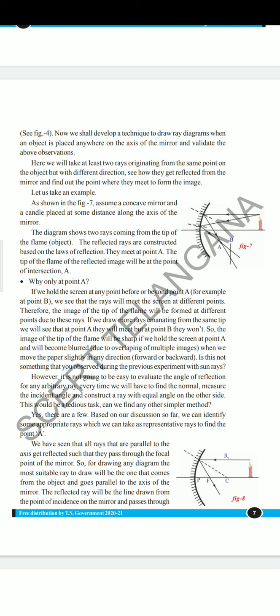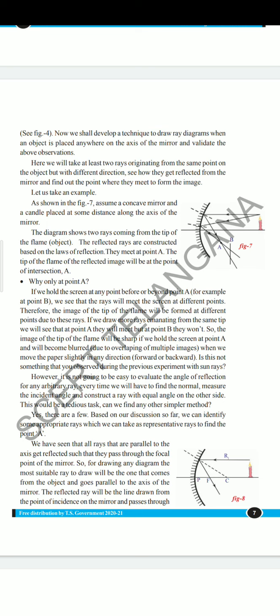Why only at point A? If we hold the screen at any point before or beyond point A, for example at point B, we see that the rays will meet the screen at different points. Therefore, the image of the tip of the flame will be formed at different points due to these rays. If we draw more rays emanating from the same tip, we will see that at point A they will meet, but at point B they won't.